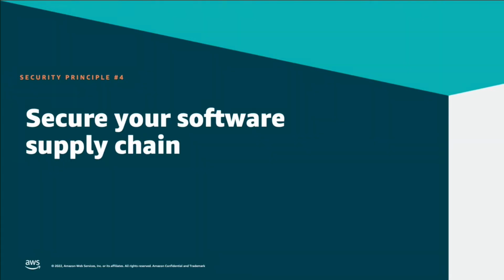The fourth security principle that we are going to talk about in this session is basically securing your supply chain, or securing your pipeline. This is a particularly important topic given some of the recent events we have seen with some customers, where the perpetrator of the breach infiltrated their build pipelines.